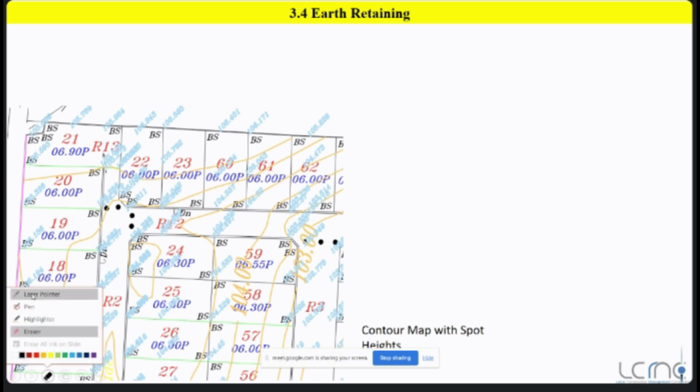You can have a clear idea of your terrain, and if there is a mountain, what the slope sides are, and the whole topography of the land area, after referring to these contour maps. You can also see the spot heights at each location. This area is already divided into plots.